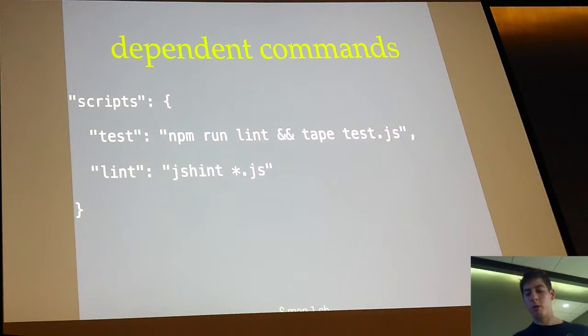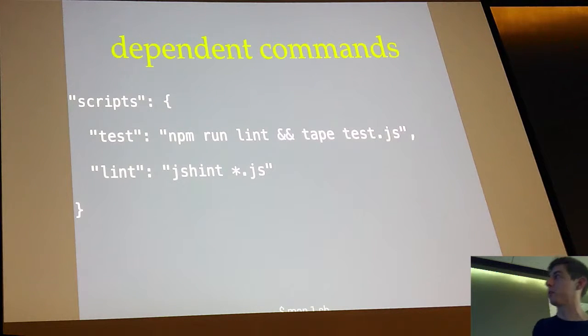Getting into more of the build tools aspect of npm, or at least how I like to use it, you can run basically arbitrary shell scripts in your scripts, which is really nice. One thing that build tools have is that you can specify dependencies for your commands.